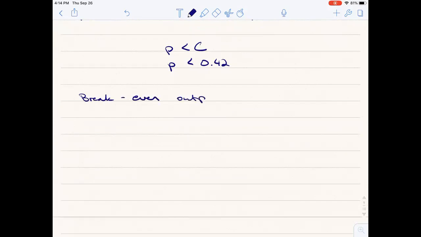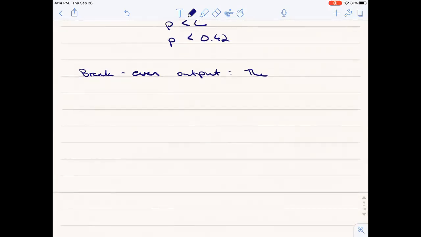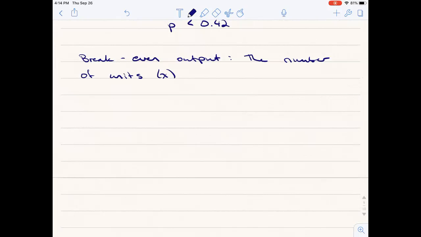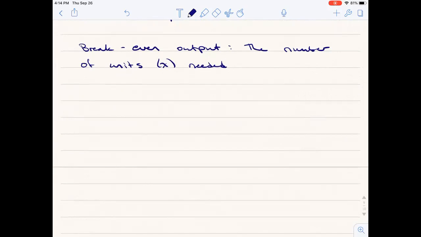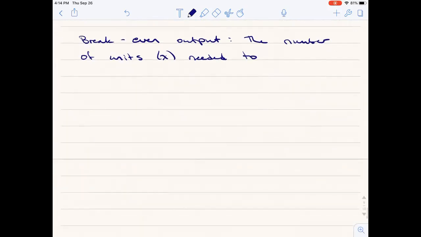Break-even output. Output, remember, is X. So the number of units. It's the number of units X needed to get to a profit of 0.